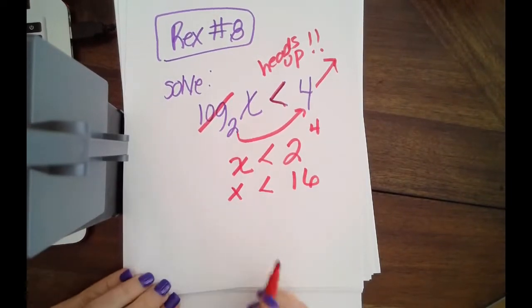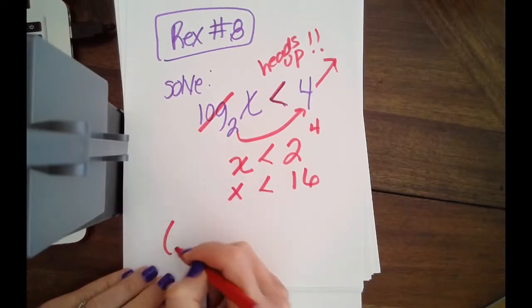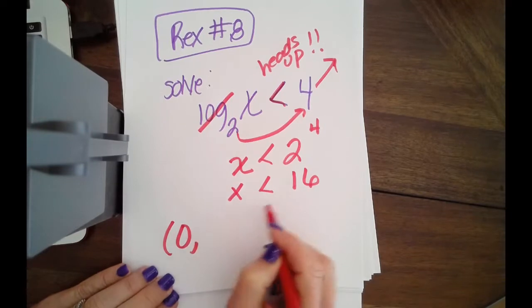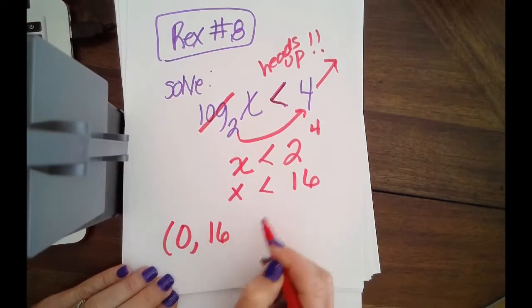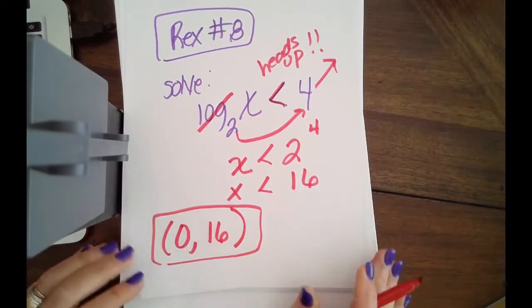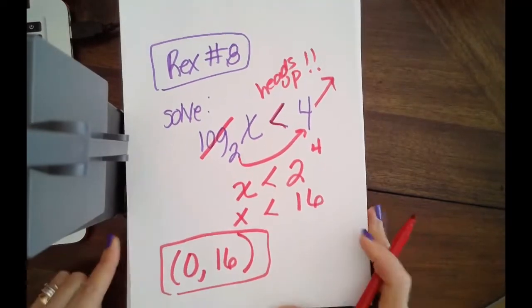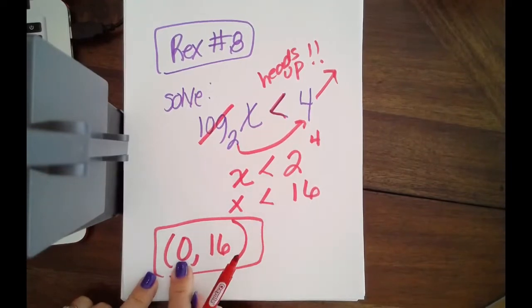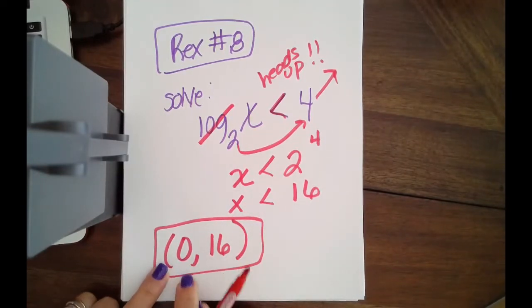So in interval notation, you would say, okay, the lowest that I can have is 0, not including, and then all the way up to 16, not including, because there's no equal bar. So your solution to this one is my broc can be 16, and anything less than that, x can be anything less than 16, but it cannot touch 0. So this would be your answer to number 8.